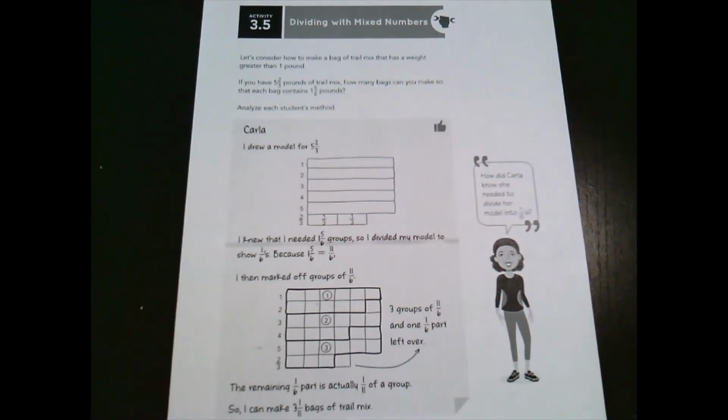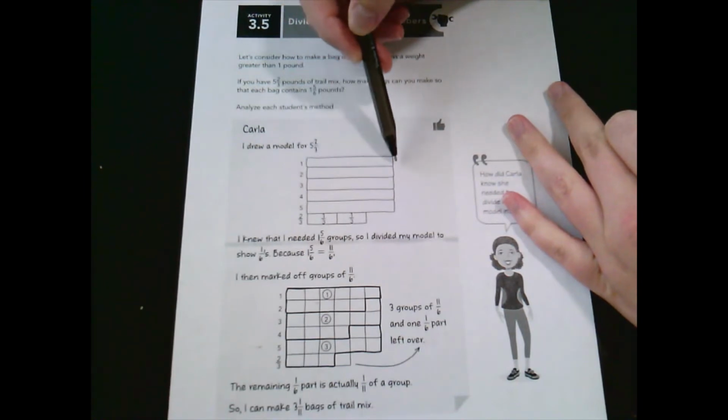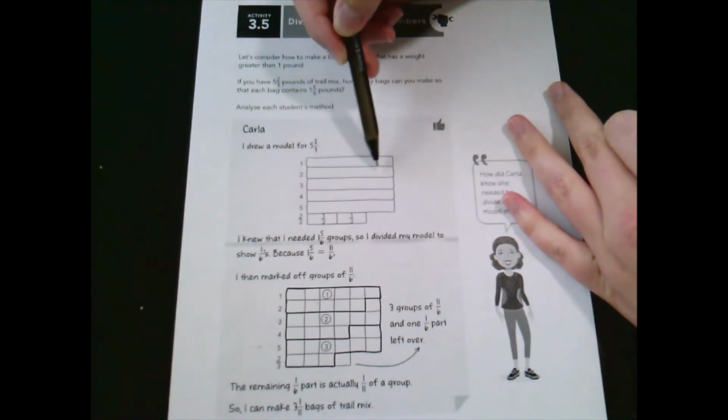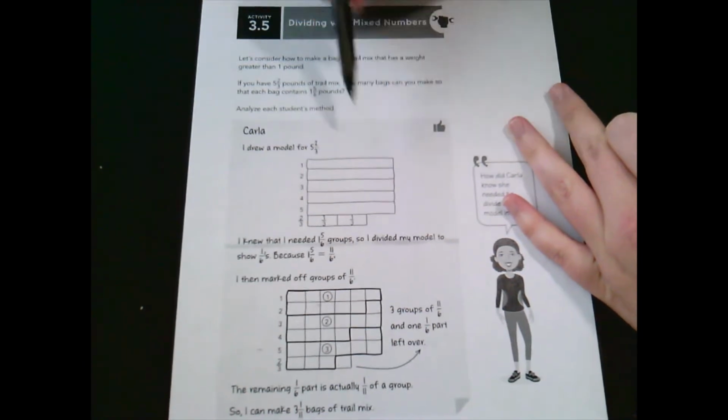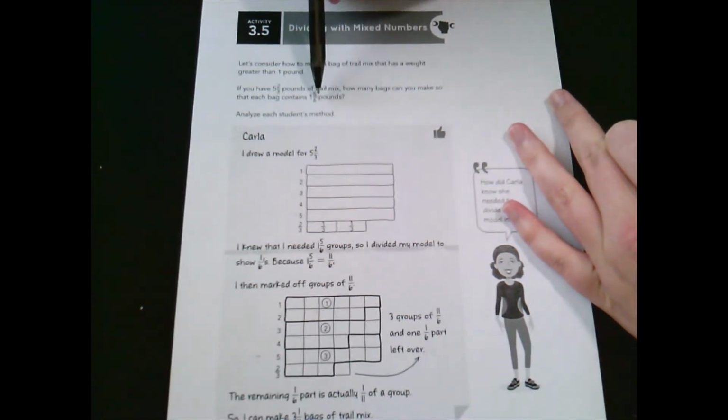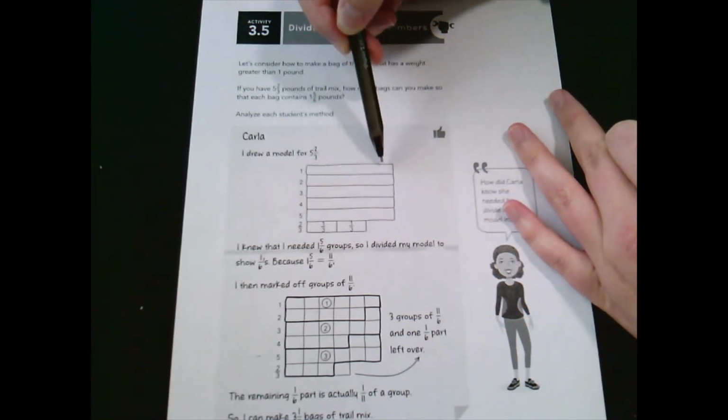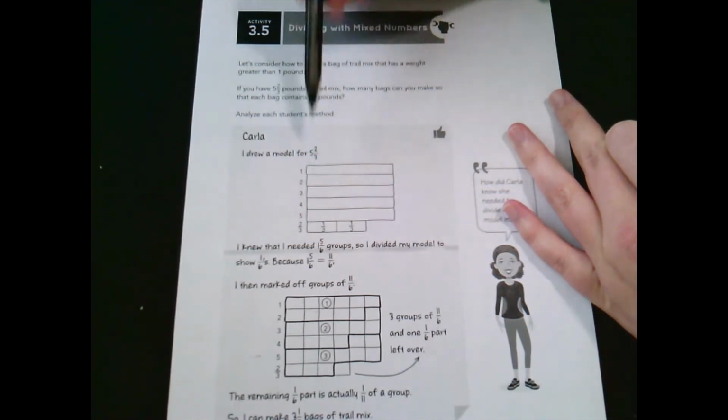Now, if we were to take this whole row, that is 1 pound for one of our baggies. But we need 1 5/6. So if we divide all of these up into 6 pieces, because our denominator is a 6, we can create our bags.